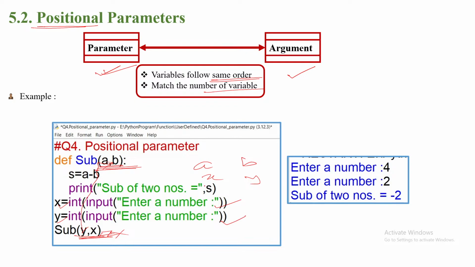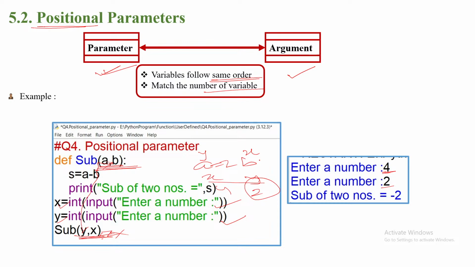But in the function call what have I done? y, x. So y will come here and x will come here, right? So x value is what? 4. Look at here. And y value is 2. This value will come where? Here. So a equal to, what is the value now? 2.